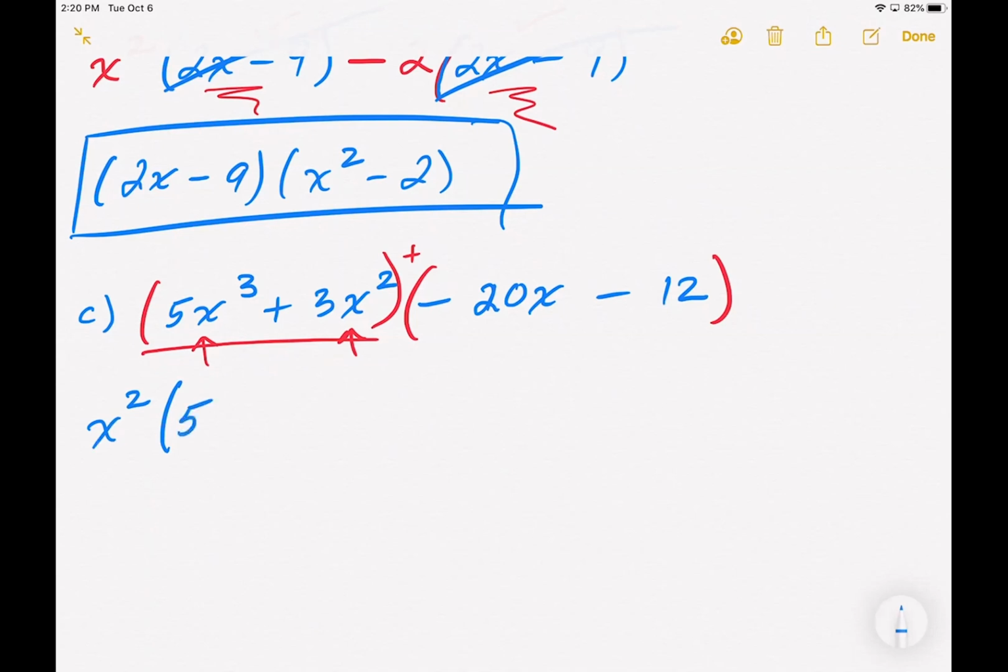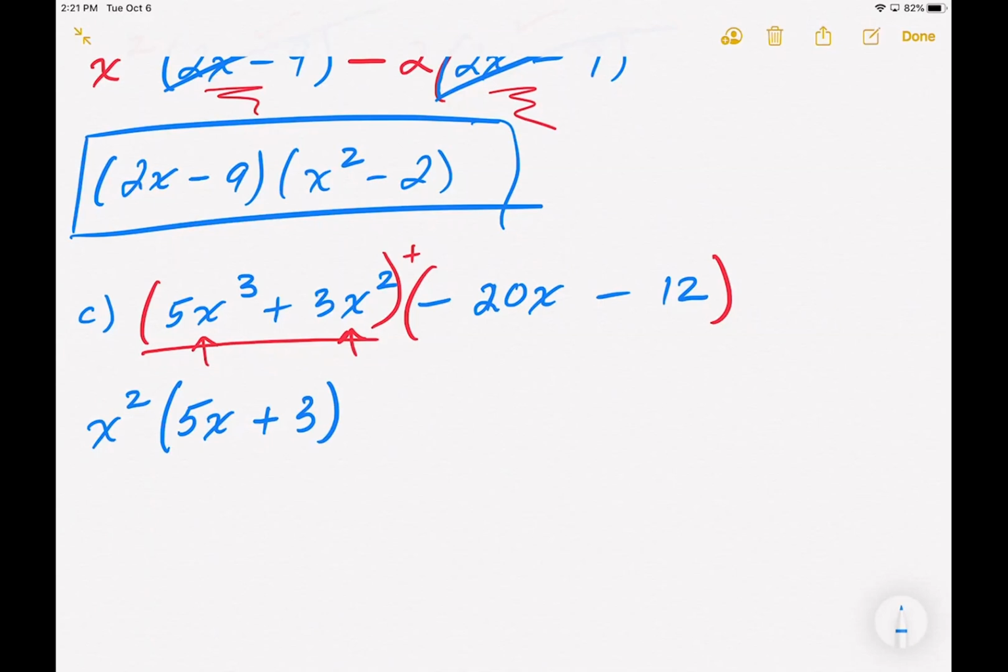I have 5x because 3 minus 2, I still have one more x. And if I took out all of it, what I have left is 3. So this is what you have to ask yourself: whatever I do in the second parenthesis, my result has to be 5x plus 3 in my parenthesis.